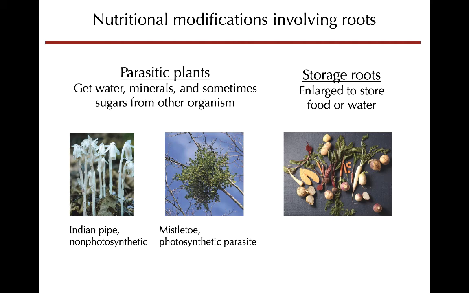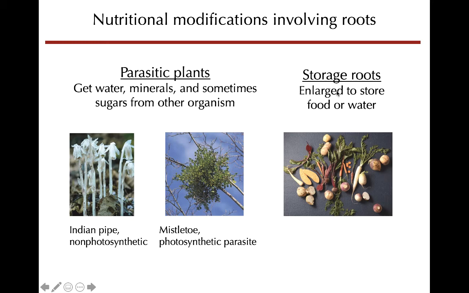And it doesn't look like holly berries either. Look up what mistletoe looks like. It's totally different than what you probably think. In any case, it does do photosynthesis, but it's going to steal the nutrients from that plant. Then you have some very unusual plants, though, that don't even do photosynthesis. They get all their carbon from being a parasite on other plants or other organisms.